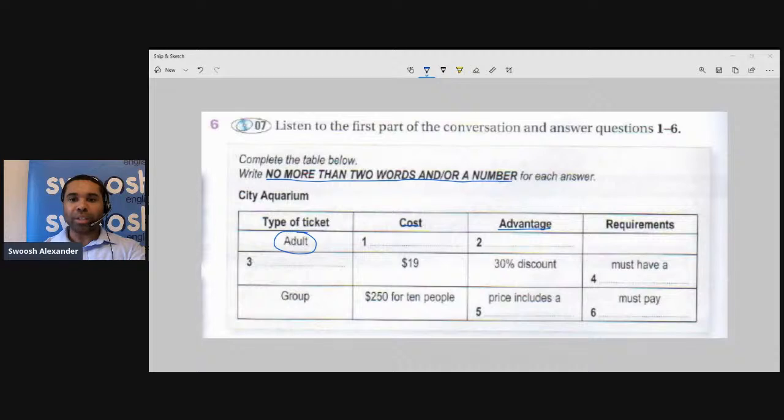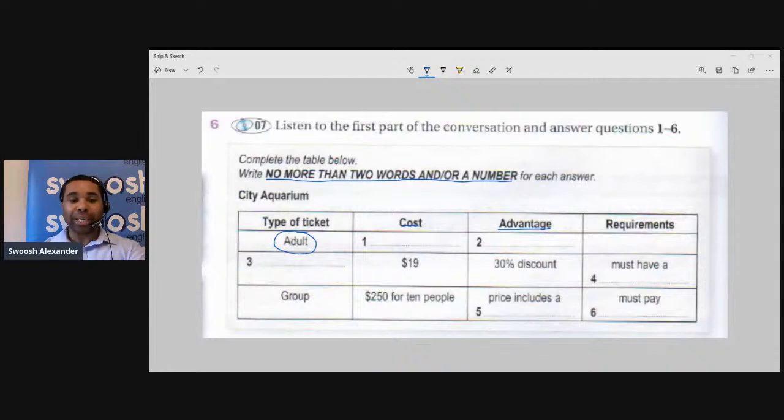Okay then, so let's listen. That is the key, obviously, to this task, is we have to listen in order to be able to answer the questions. So let's do this now. And as I go through the task, I will be pausing it in order to complete the answers.